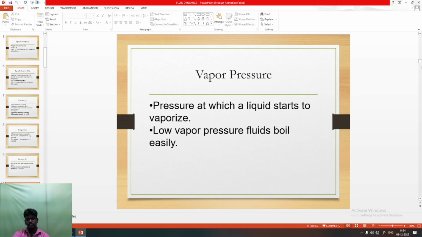It is classified by the vapor pressure. Vapor pressure means the pressure at which a liquid starts to vaporize. If any liquid, for example water, vaporizes at a certain pressure, that is called vapor pressure. Low vapor pressure fluids boil easily. Okay, the next slide.